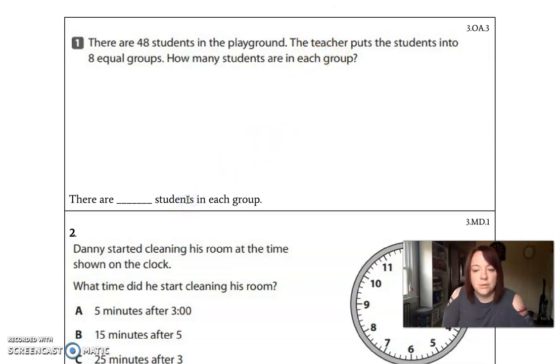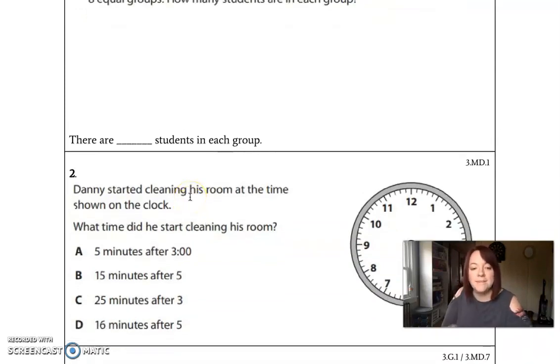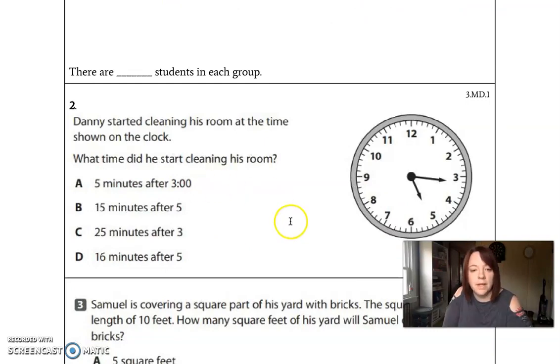Let's move on to number 2. Danny started cleaning his room at the time shown on the clock. What time did he start cleaning his room? Unfortunately, I do not have a clock with me, but that is okay. We'll get through this one together.